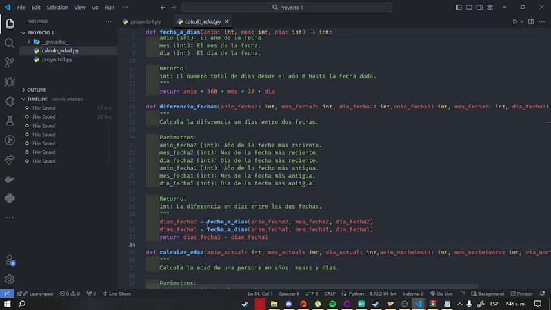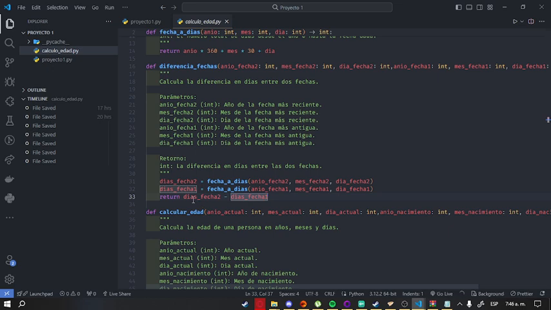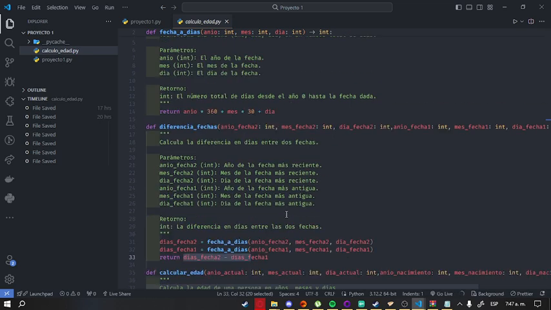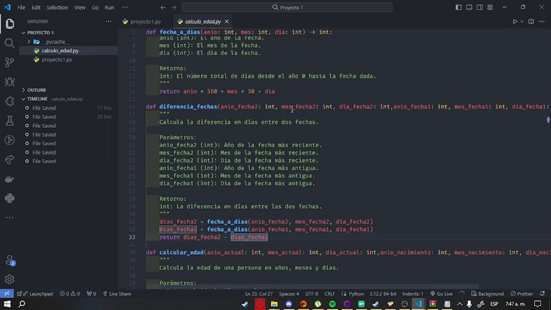So basically we're going to use the first function like we saw early on with the year 2, month 2 and the day 2, and with the date 1, with the year 1, month 1, and day 1, and later on we're going to make this equation to know the difference between the actual date, transformed into days, and the born date, like, I don't know, 2007 of 12 February.